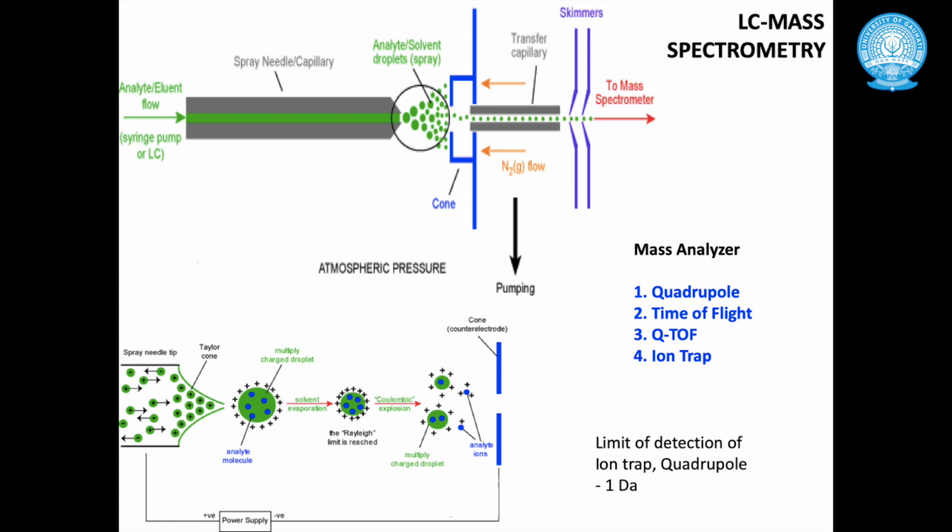This is done using techniques, for example collision induced dissociation, which is used to break down the precursor ion to give a product ion.